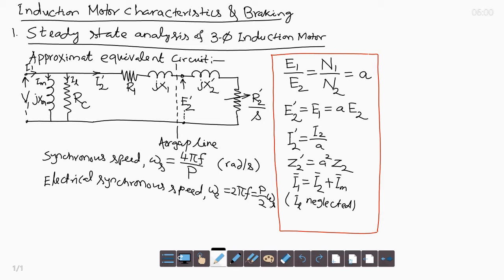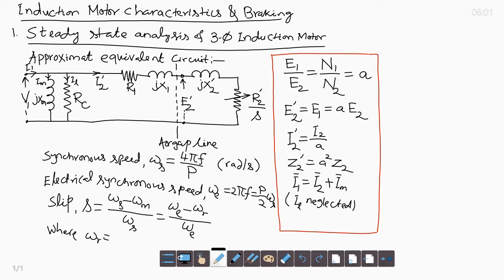Then the induction motor operates with a slip because it is an asynchronous machine. At synchronous speed no power is developed. So, it runs at a slip, which we define as omega s minus omega m divided by omega s. That we can also write as omega e minus omega r divided by omega e, where omega r is p by 2 times omega m.